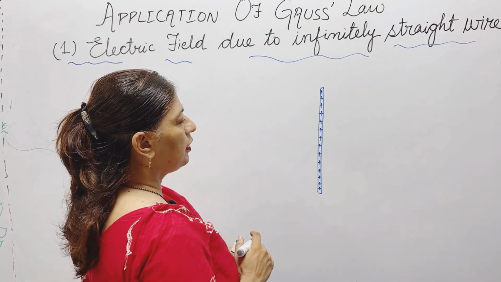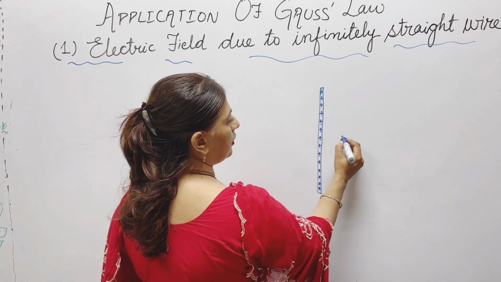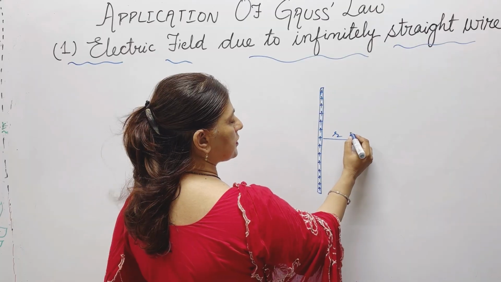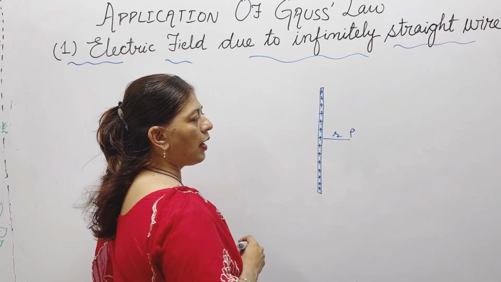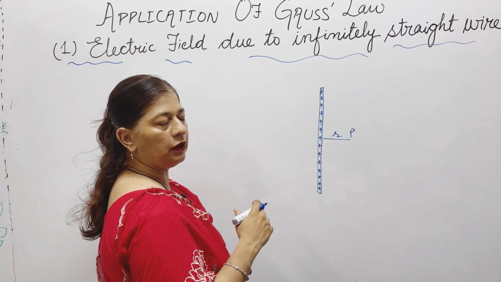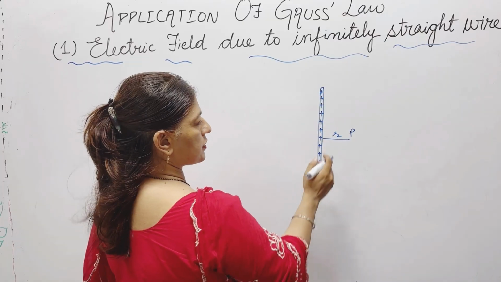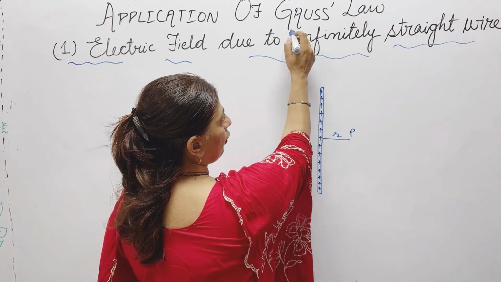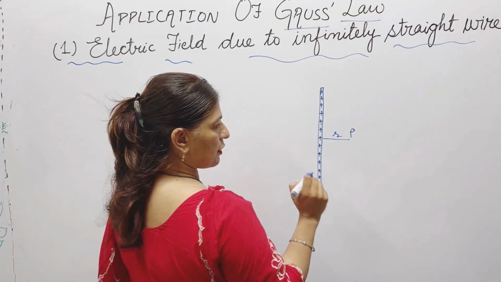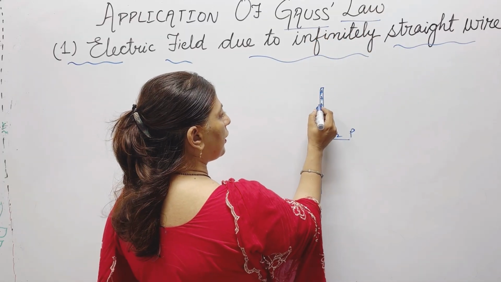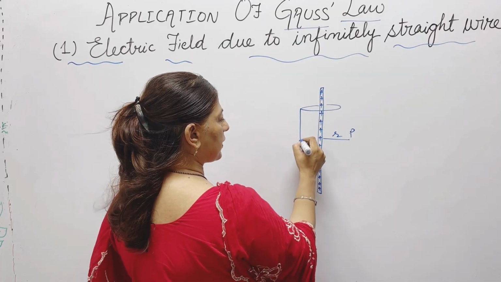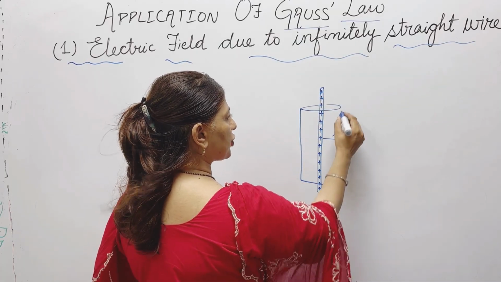For that, let at a distance r from it be any point P at which we want to find out the electric field because of this. According to the Gauss law, we have to consider a Gaussian surface, and around it we have considered a Gaussian surface that is cylindrical in shape.